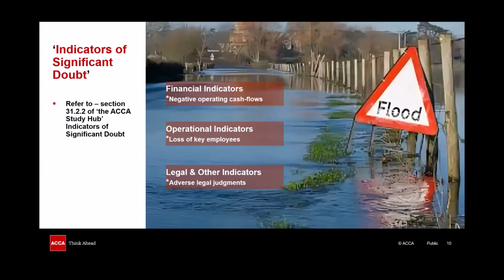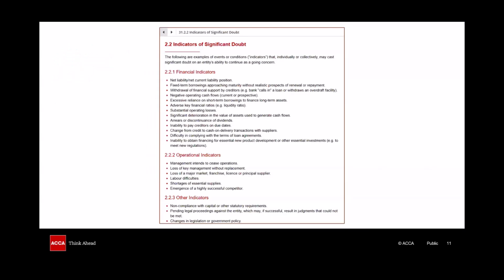I would highly advise you to go through section 31.2.2 of the ACCA Study Hub that gives a comprehensive list of these indications that provide compelling evidence of the material uncertainties. Here is a snip that I've taken from the Study Hub.